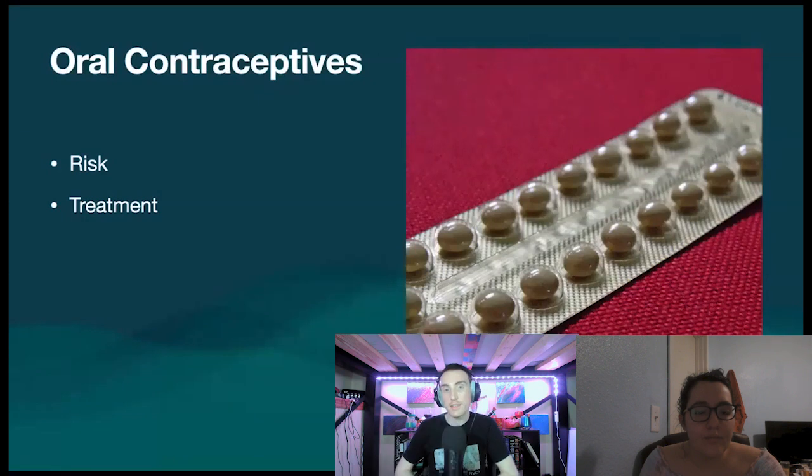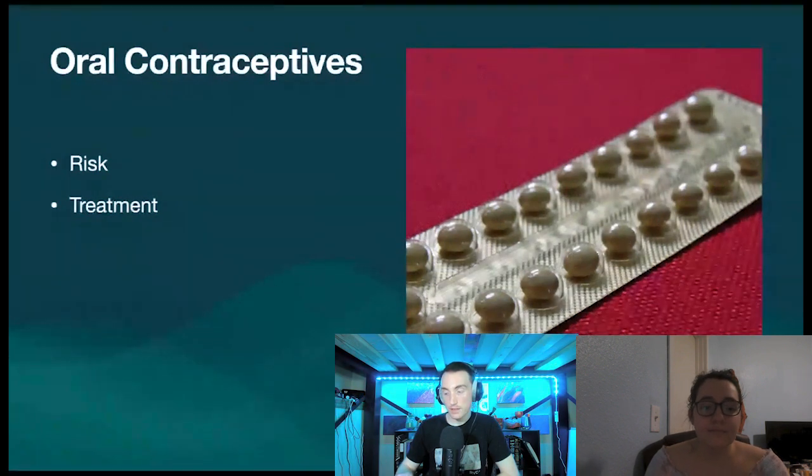And then the next risk factor is going to be oral contraceptives. The risk of stroke in non-pregnant young women using oral contraceptives is lower when compared with pregnant women, but there's a 1.6-fold higher increase in women using oral contraceptives compared with women who do not use them.